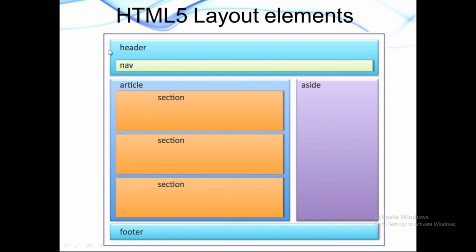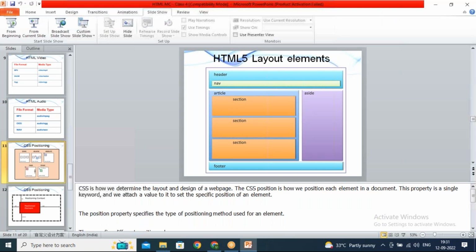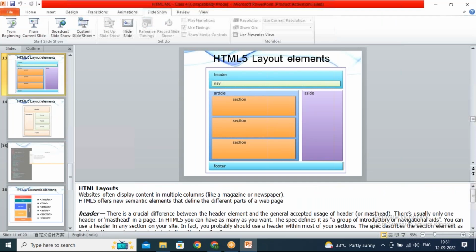Now HTML5 gives you explicit tags to do all these things easily, so that anyone who views the web page can clearly understand this is the navigation bar, this is the header content, this is the article content, and so on. We'll look at all that tomorrow.